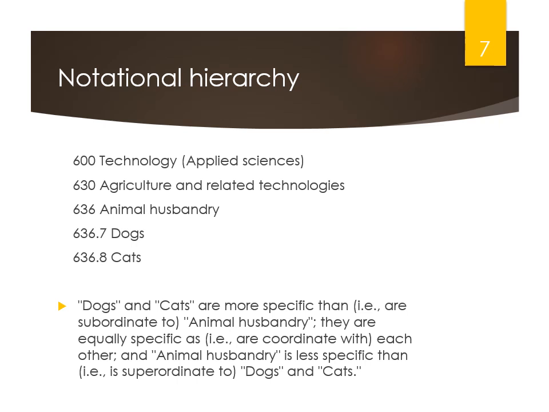Again, each main class, like 000, 100, 200, 300, includes 10 divisions, which results in 100 divisions. For example, the divisions under the 600 class are 600, 610, 620, 630, etc.